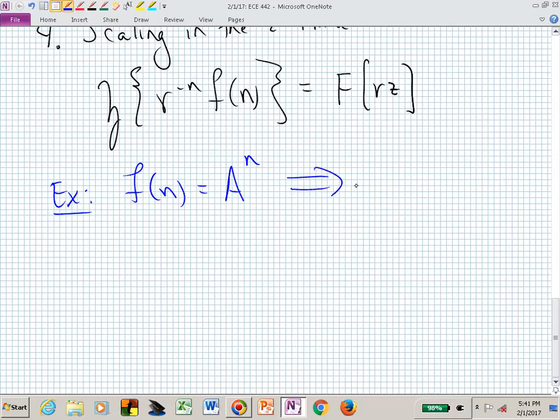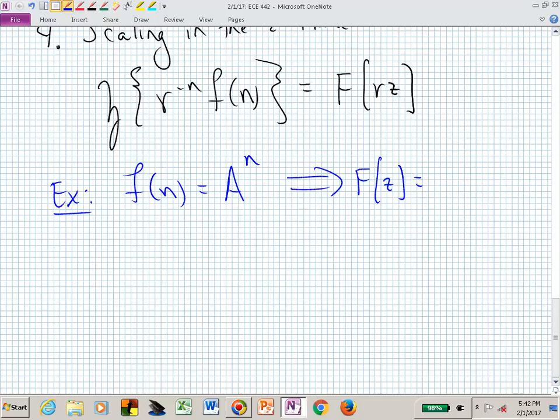Do you remember what its Z-transform was equal to? If A was R, do you remember what we derived last time? This is an exponential decay if A is less than 1. And what was the Z-transform of that a to the n? Where was the pole?